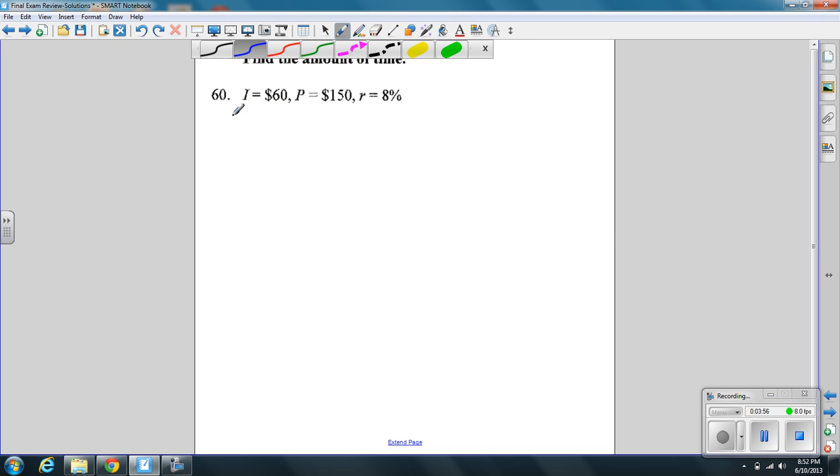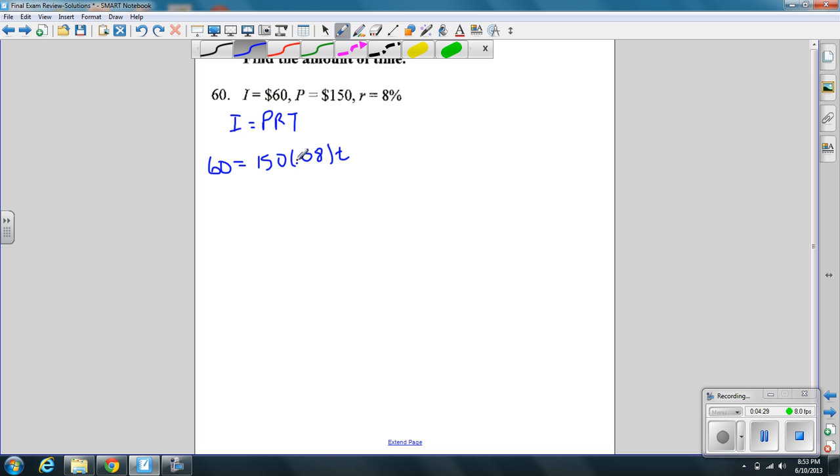60 is the same thing. I equals PRT. So 60 equals 150 times the rate, 8% is 0.08, times the time T. So 60 is equal to the product here.